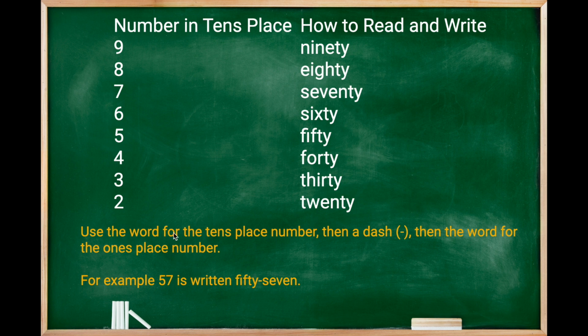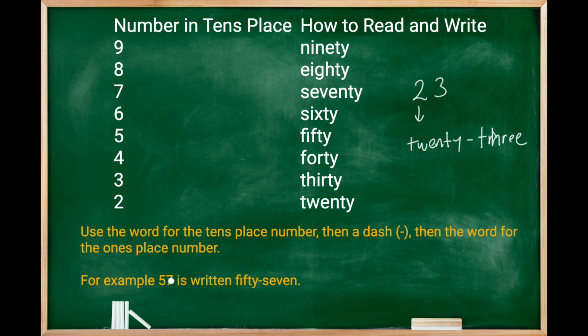We use the word for the tens place number, then a dash after the tens place number to make a 2-digit number. Let's say our number is 23. To write 23, we first read this number as 20, and then put a dash and 3 next to it.